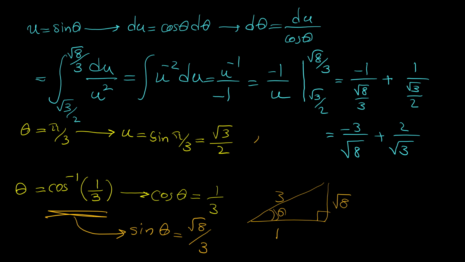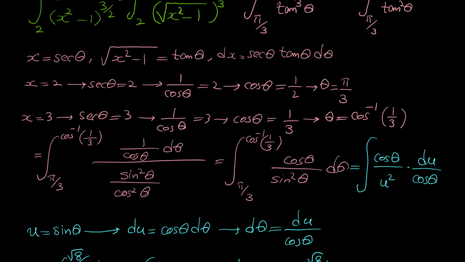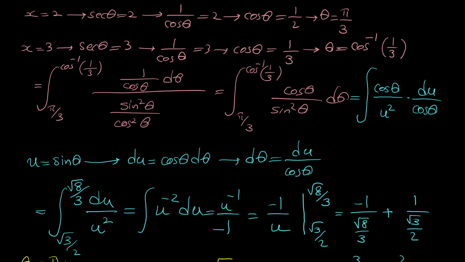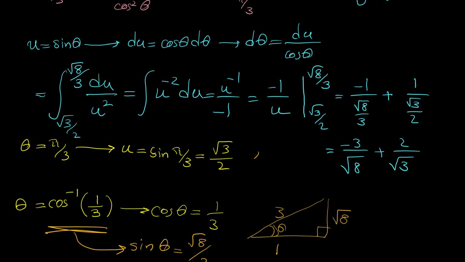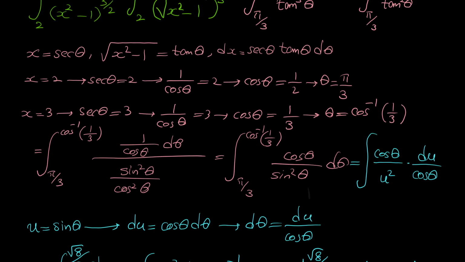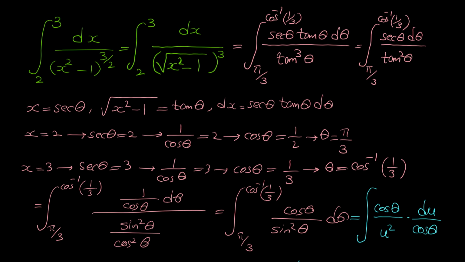And this is the answer of this integral that we had here. The value of this integral is this. I highly recommend you review this example. I know it's so complicated, but you can learn many different things from this example.